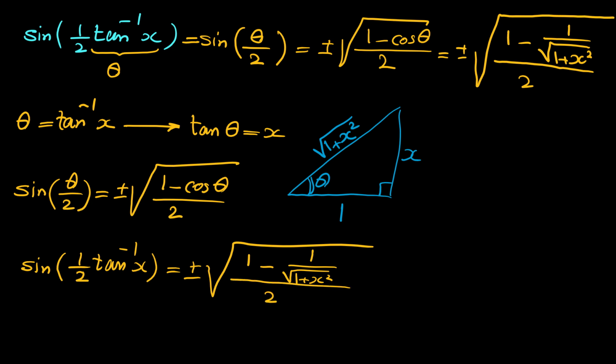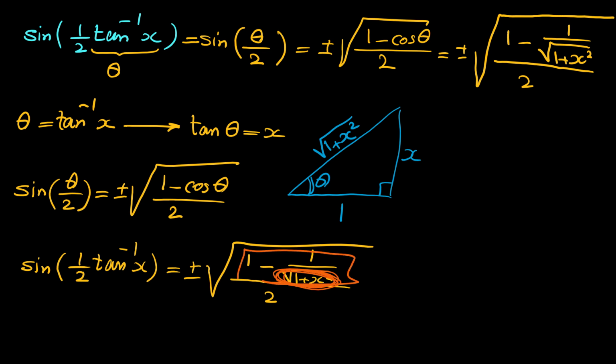Now let me show you how we can simplify the expression inside the radical. You don't really need to simplify it, it's up to you, but it's not bad to simplify this complicated expression inside the radical. One thing you can do is to try to eliminate this denominator.